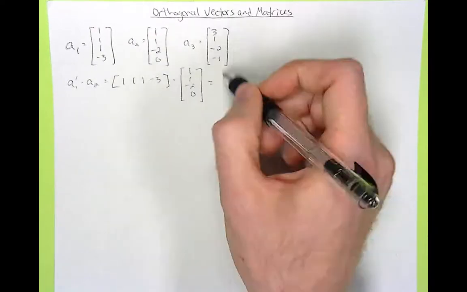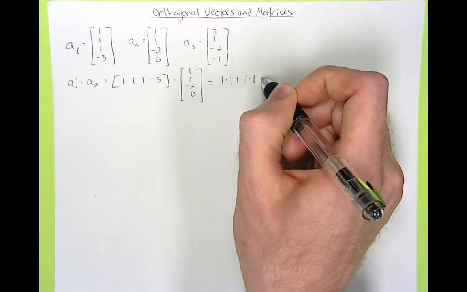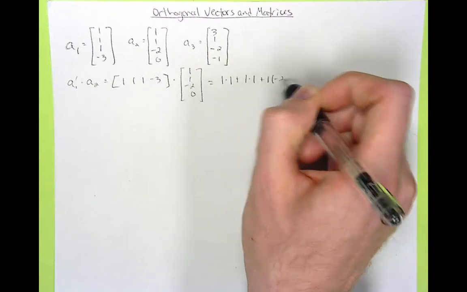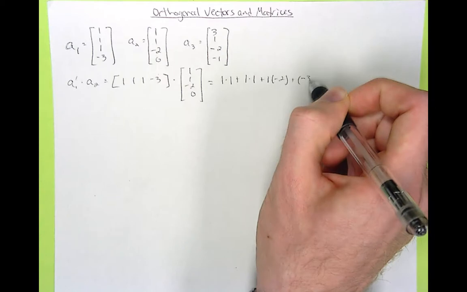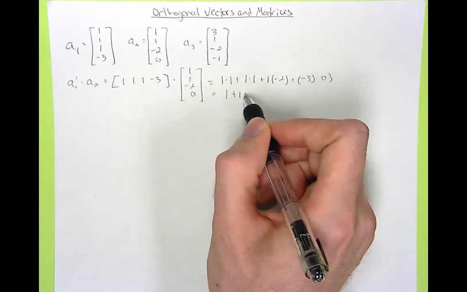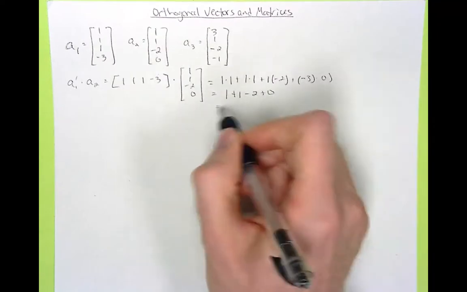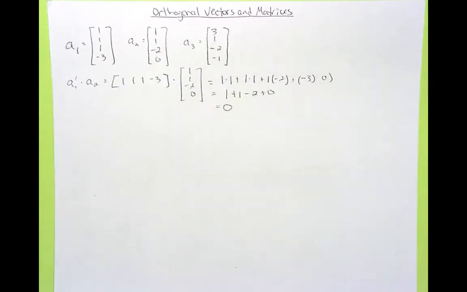And when we multiply that out, we get 1 times 1 plus 1 times 1 plus 1 times negative 2 plus negative 3 times 0, which will give us 1 plus 1 minus 2 plus 0, which equals 0. So we see here, since when you multiply them together they equal 0, we can say that a1 and a2 are orthogonal, but we're going to do the other combinations as well.